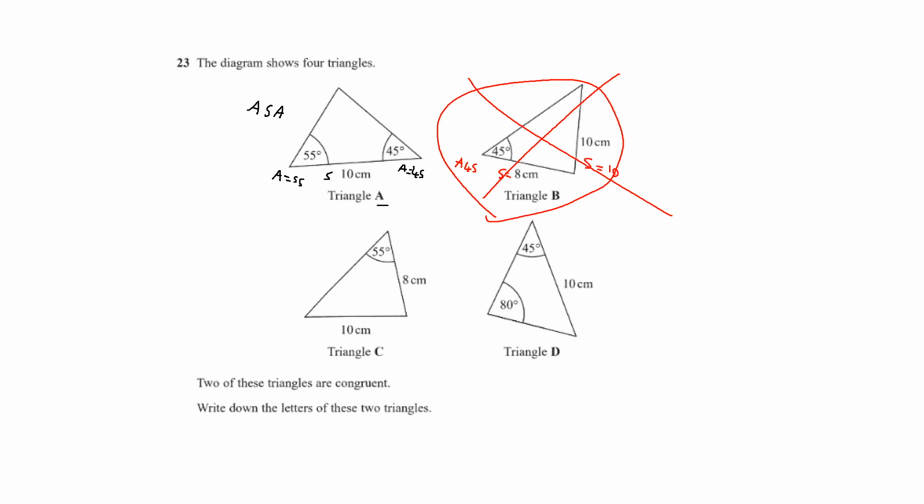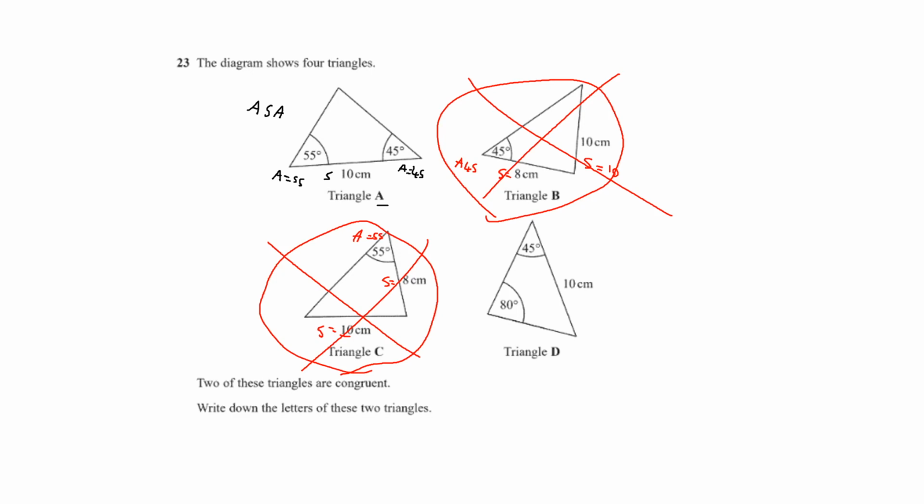Let's look at triangle C. Triangle C, we have a side of 10, a side of 8, and an angle of 55. But again, we can't show this as proof of congruence, so we can also rule this one out as a possible congruent triangle. So the answer has to be A and D, right?